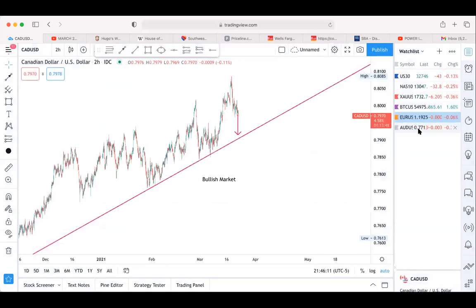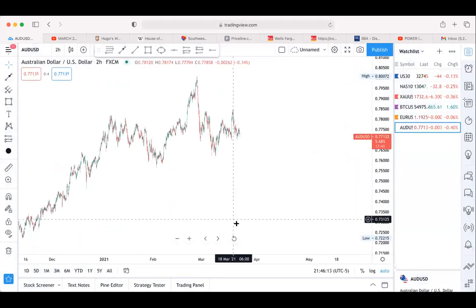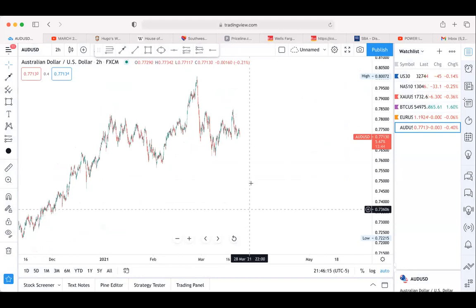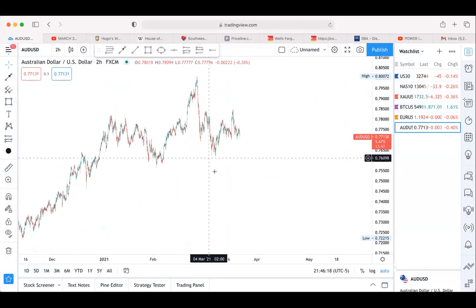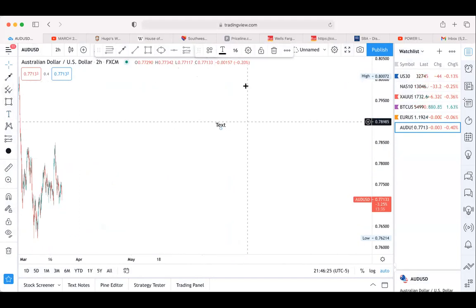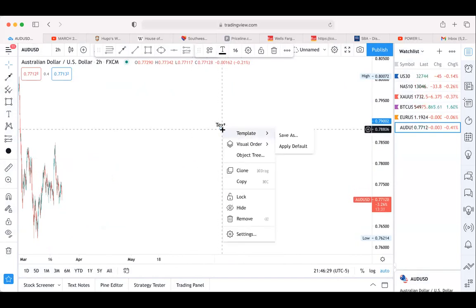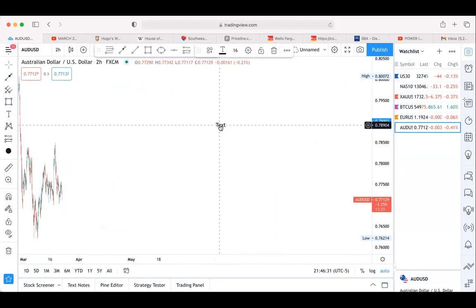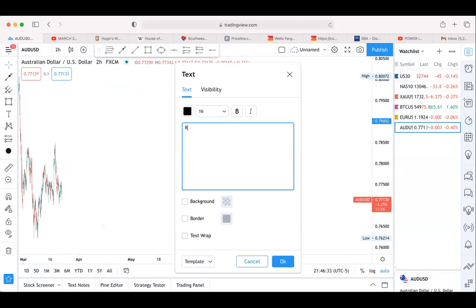Okay, Toby, thank you. Now let me open a new market. This is Australian dollar USD. Now I want to write something, that's why I opened it. So Toby lost a lot of money because of something very important, which every trader has to know. It's a class we're going to take.